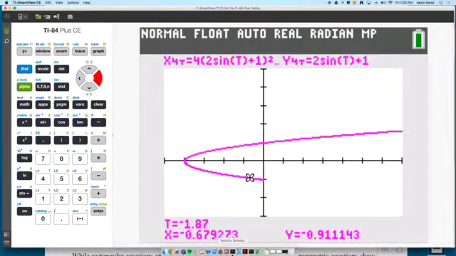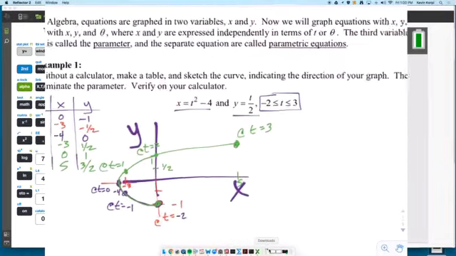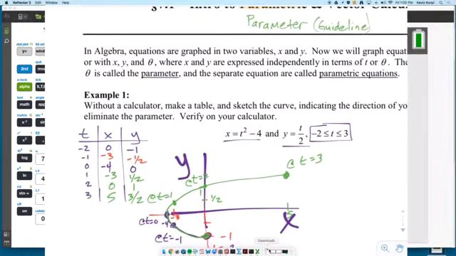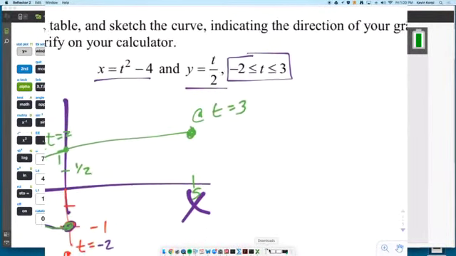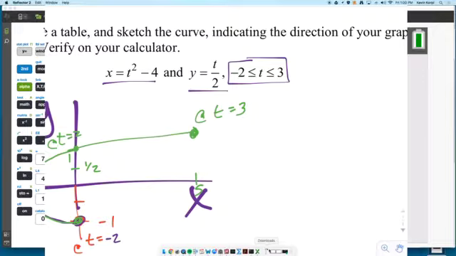Okay, now the last thing we need to do here is to eliminate the parameter before I jump too far ahead. Eliminating the parameter essentially means get rid of the t's from the two equations, t is the parameter, and write it as a singular equation in our old-fashioned rectangular form. That is, write it as y as a function of x.